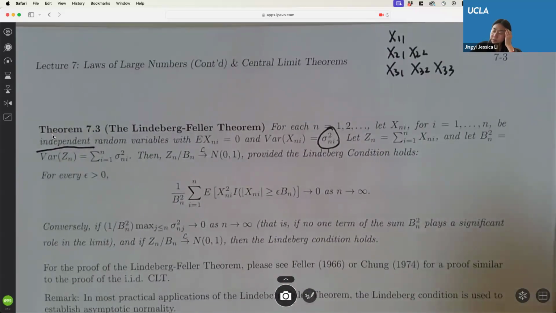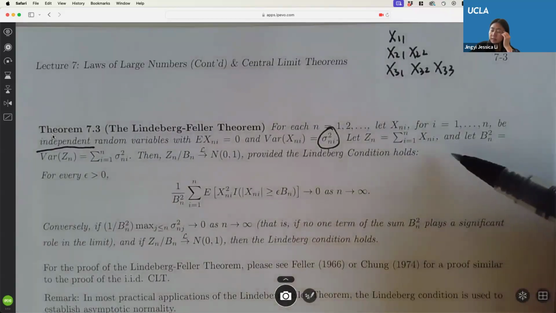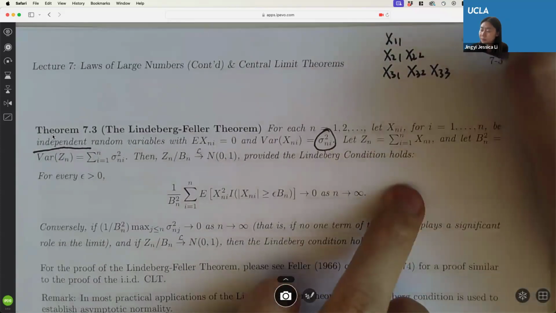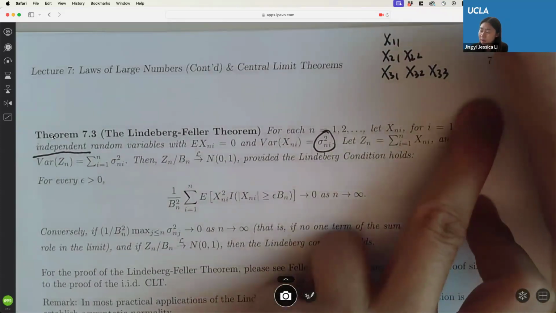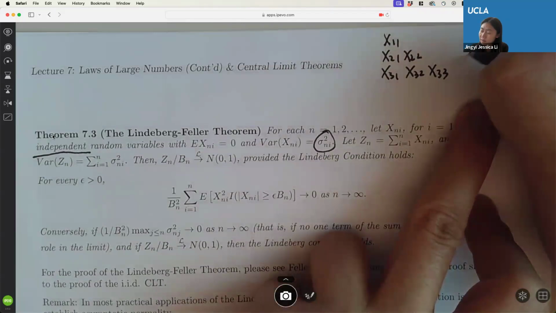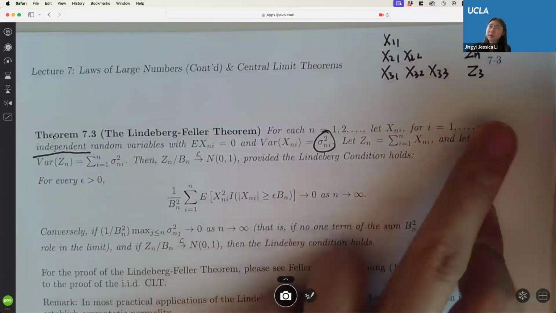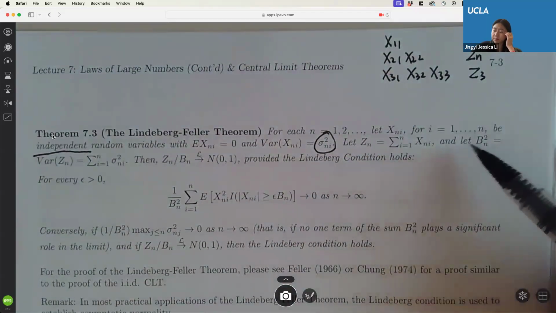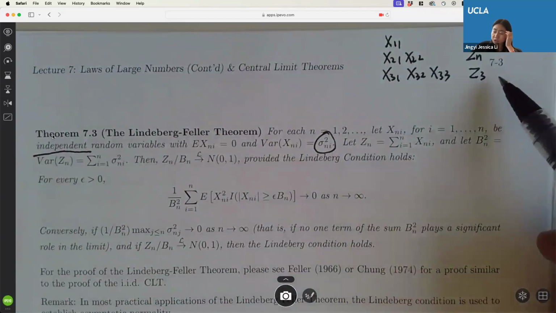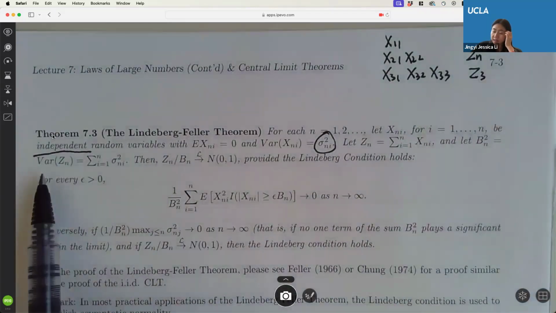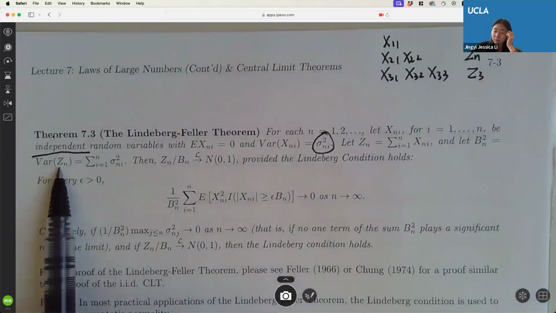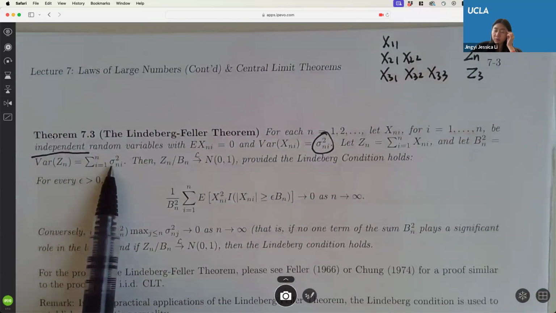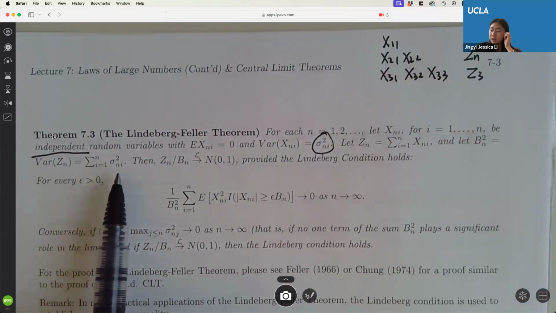Now Zn is the sum of the row. So in this case, we have Z1, Z2, Z3. Every row, we get a row sum. And for each row sum, we get its own variance, and we know this is just the sum of the within-row variances.